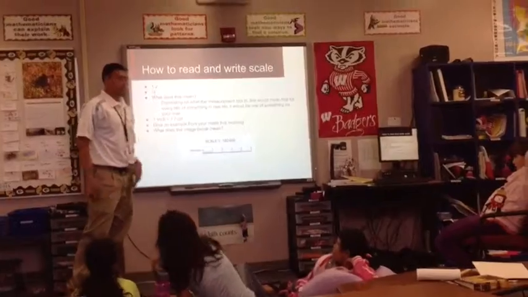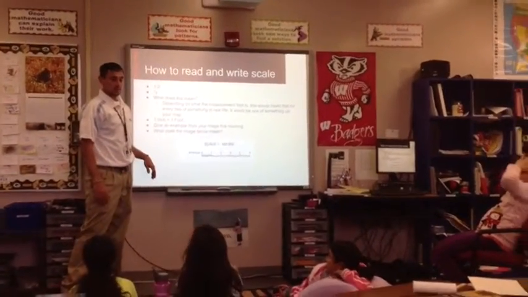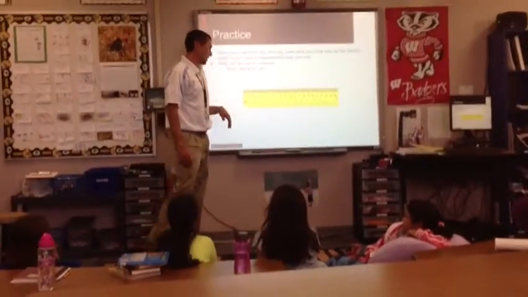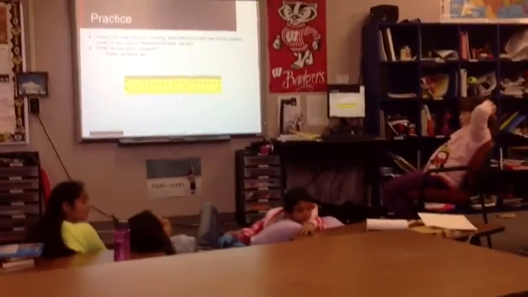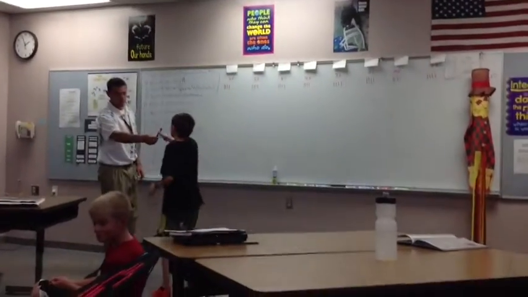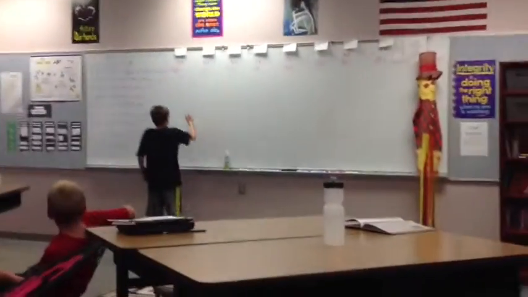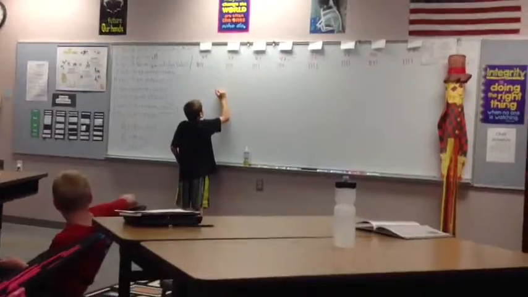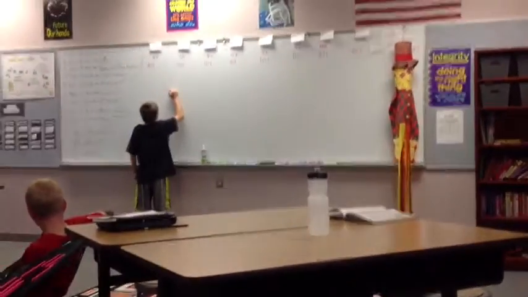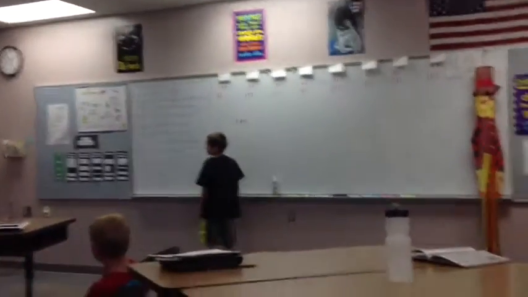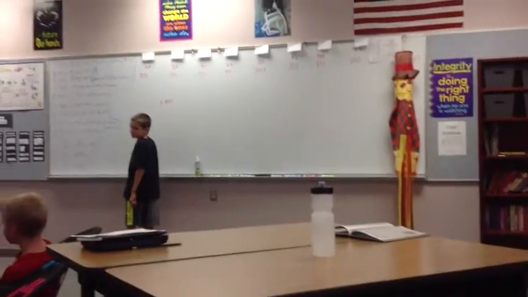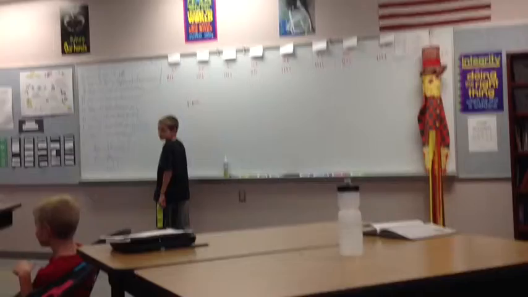Or you could do 100 feet and the paper could be 1 foot. Okay, so then show me how you write that. Bailey, come on up. Write a scale of 1 to 100. Do people agree, disagree, not sure?